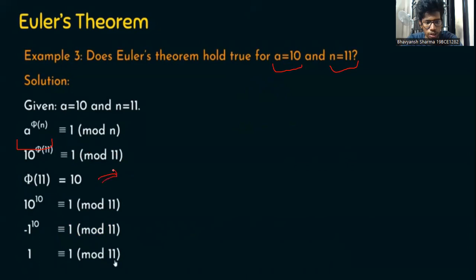Now calculating it, how can you write 11? 11 is itself a prime number, correct? So phi(11) is p minus 1, which is 11 minus 1, nothing but 10.